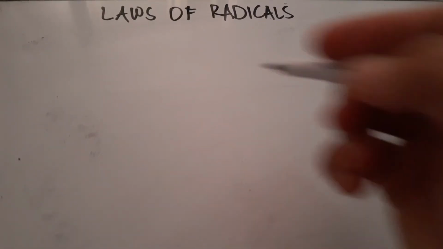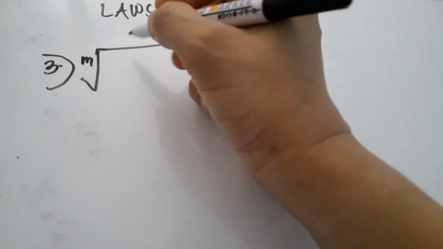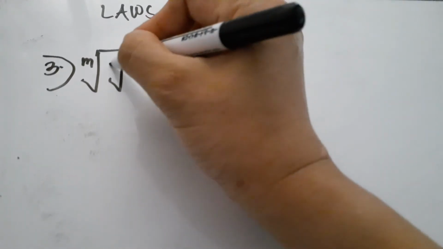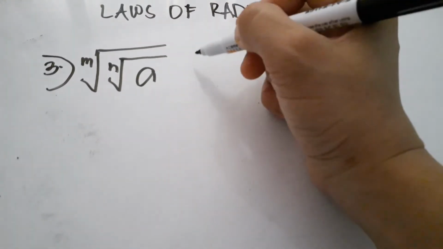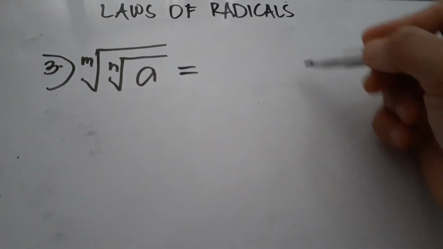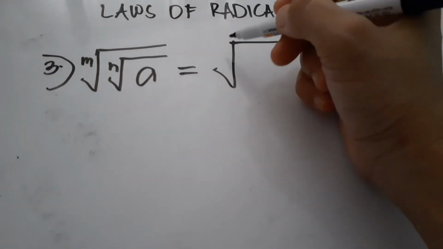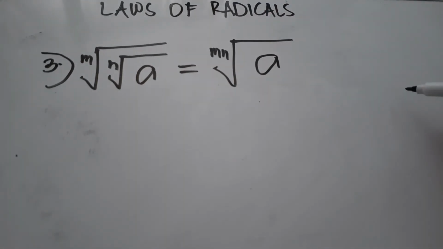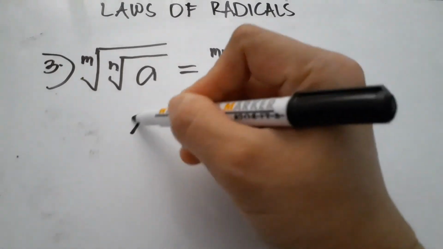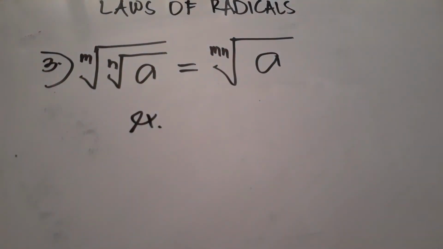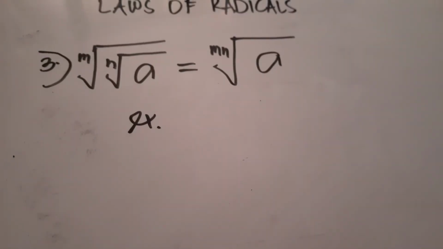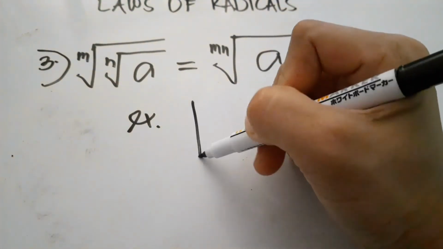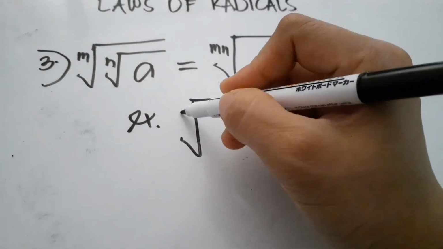And let's have the laws of radicals number 3: the mth root of the nth root of a is equal to the m times n root of a. In these expressions, we can use the product and the quotient, both simplified and combined together.